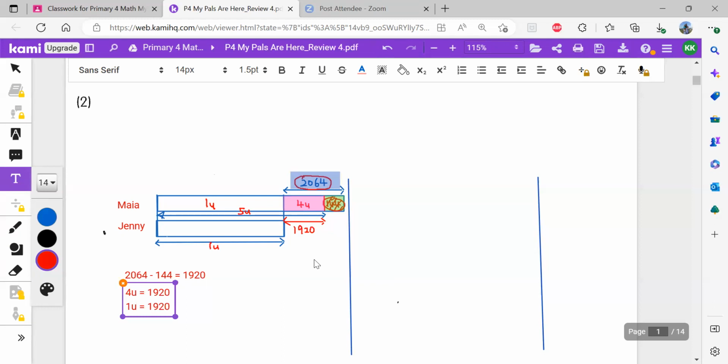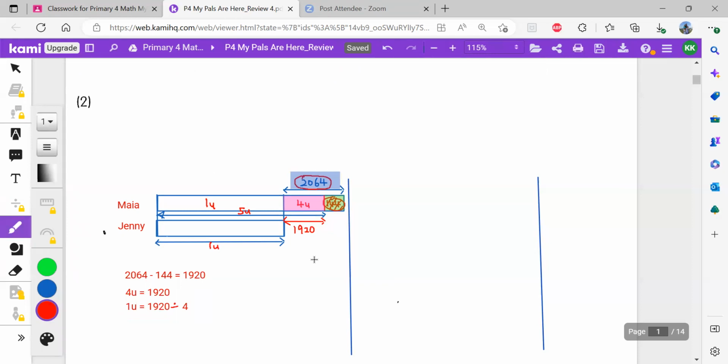If 4 units is 1920, what is 1 of it? Isn't it 1920 split equally into 4 equal parts? So it's 1920 divided by 4. I'm just going to put the division sign here.